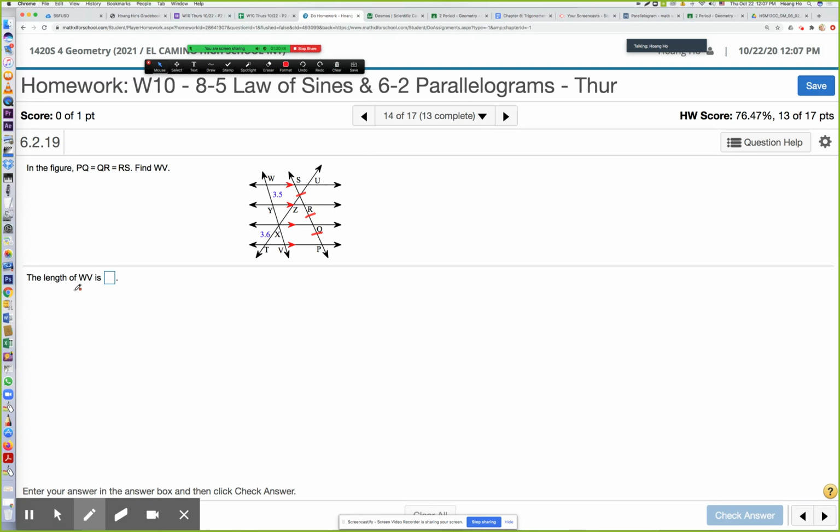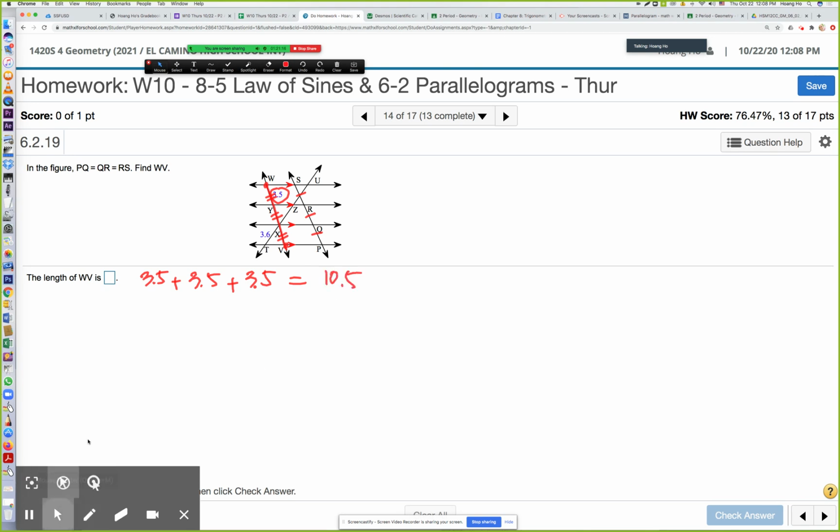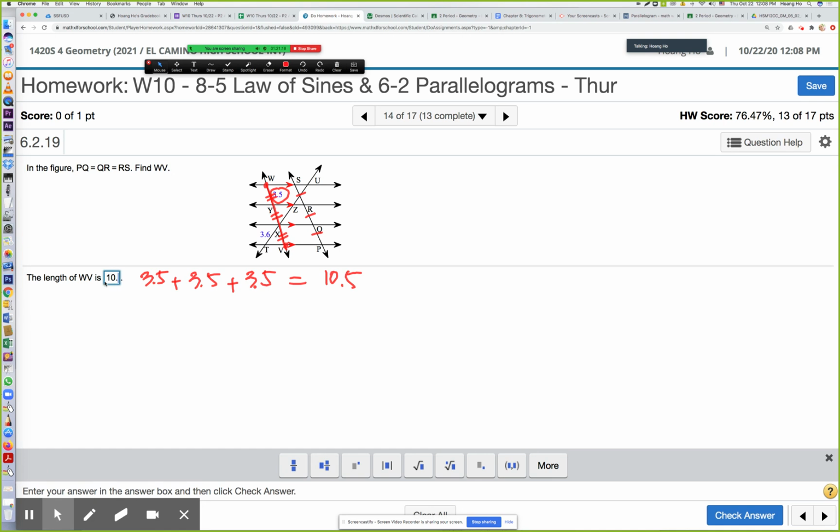So they ask you for WV, W right here, and then V right here. And you see right here, this is 3.5. So each of these has to be exactly 3.5, 3.5, 3.5. So WV should be equal to 3.5 added with 3.5 three times, because WV is all the way from here to here. So is that 10.5? So the answer is 10.5.